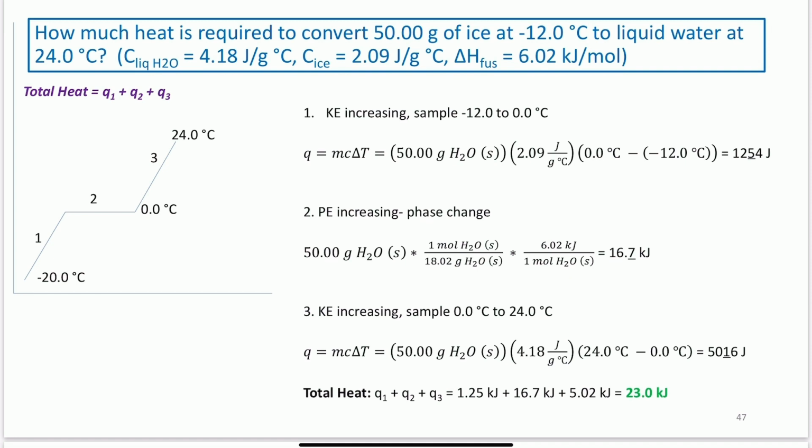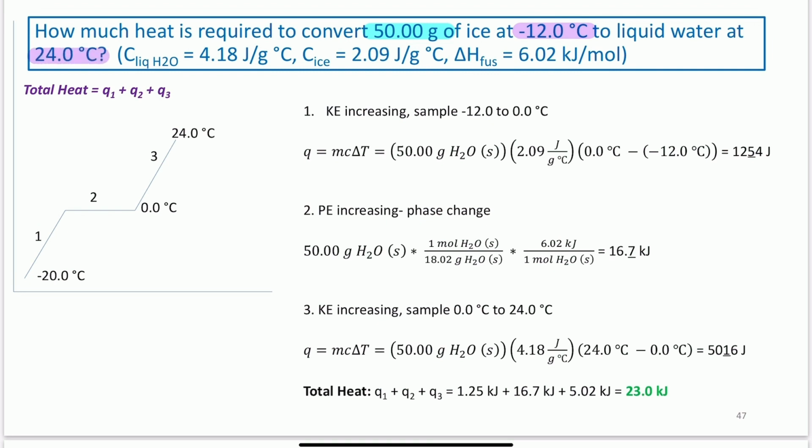So we see here that we want to convert 50 grams of ice, that's at negative 12 degrees C, to 24 degrees C. So I'm going to draw, this should actually say negative 12.